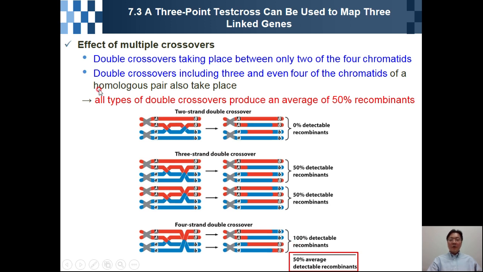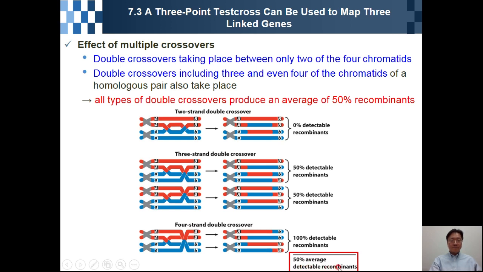So all types of double crossover produce an average: this case is 0%, this case is 50%, this case is 50%, and this case is 100%. The average is 50% detectable recombinant.